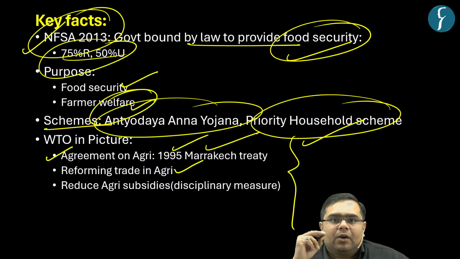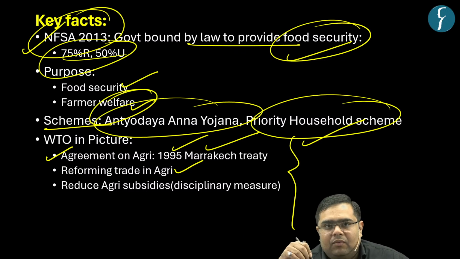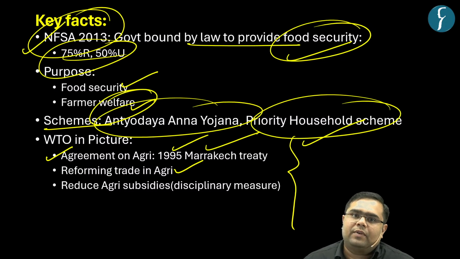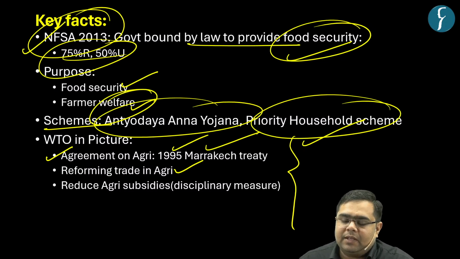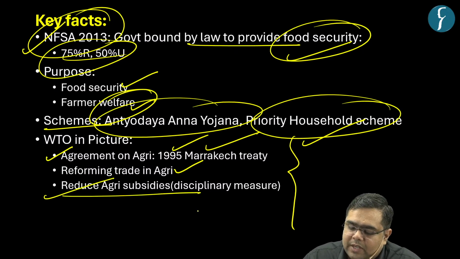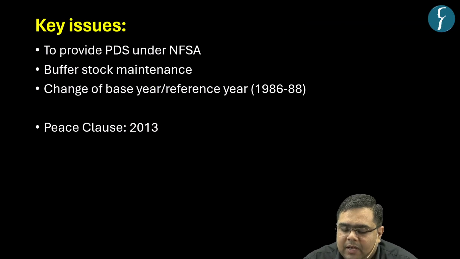Free trade cannot happen if there is a concept of distortion. If a particular country is giving subsidies to the farmers for production of certain particular crops, right? So that would ultimately lead to the distortion of free trade. Another purpose was to reduce agricultural subsidies as a disciplinary mechanism.